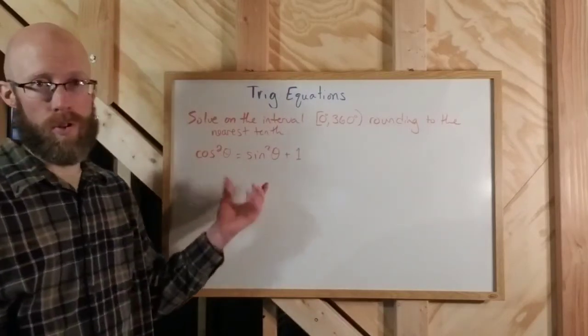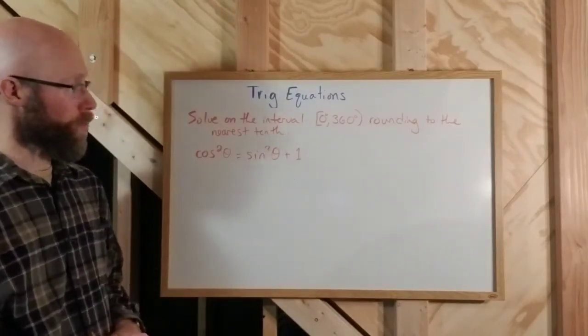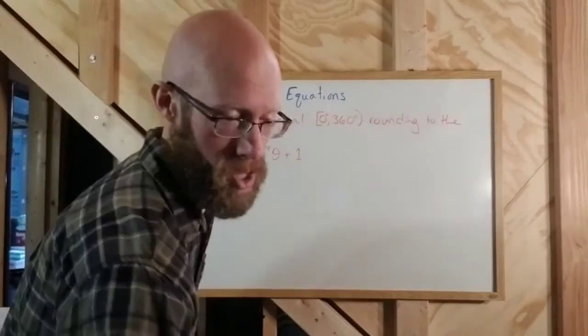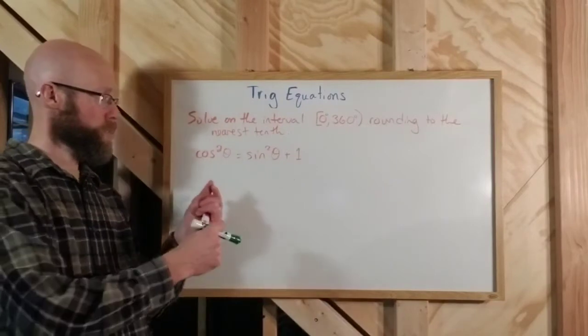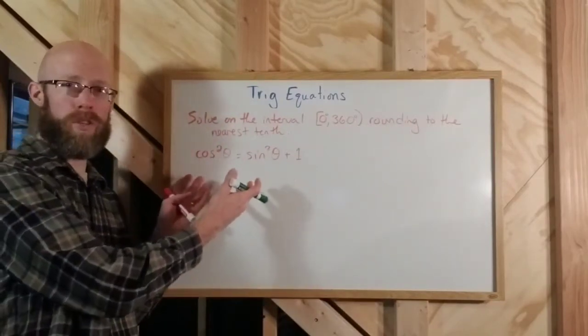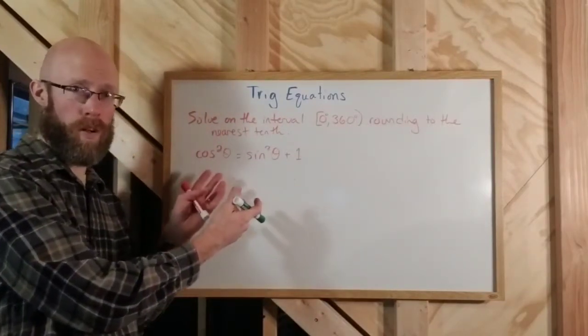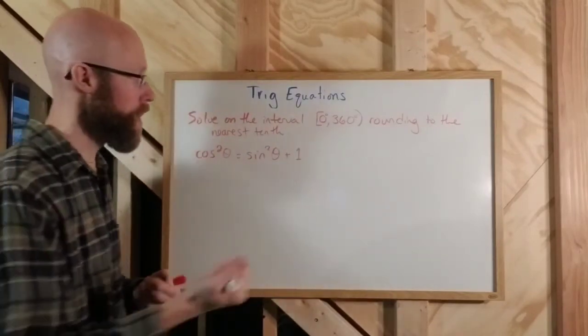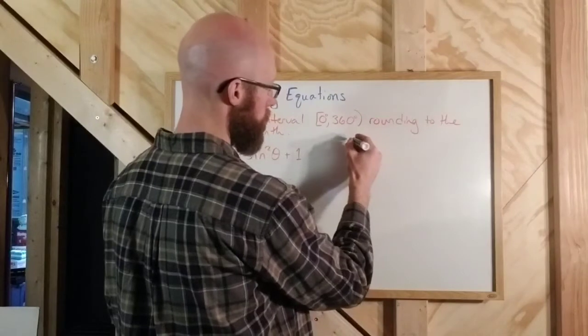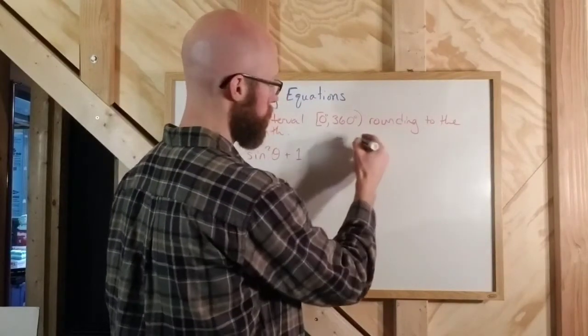This isn't always true. What I would do is suggest using a Pythagorean identity to try and eliminate one of these two trig functions. Try to turn the cosines into sine or sine into cosine. And so maybe we'll try that Pythagorean identity, right?